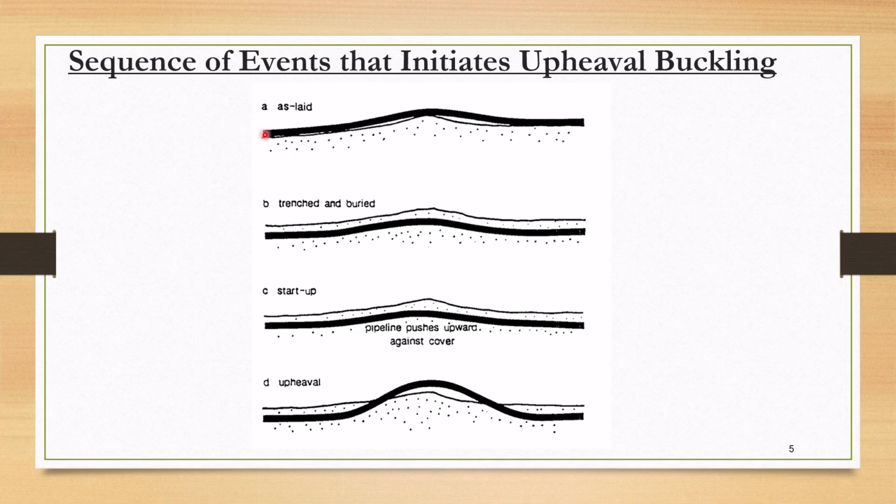So the pipeline will be laid not in a straight line but in a curved manner. Then on top of that we will be giving the soil, and the actual trenched and buried pipeline will be as shown in B. So this is the pipeline over which we will be adding the soil cover.